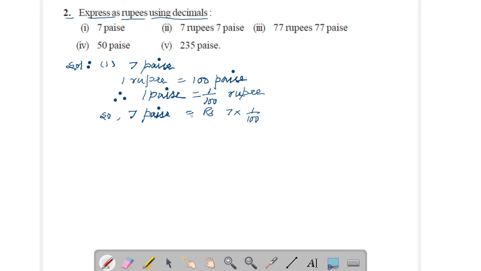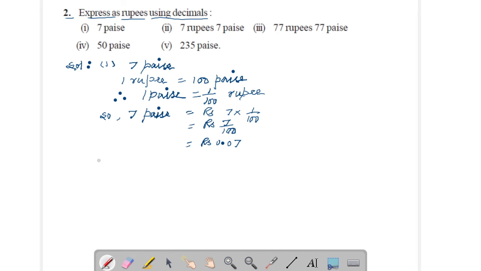Multiply it, we will get rupees 7 upon 100. Convert it into decimal. It can be written as rupees 0.07. This is your answer.